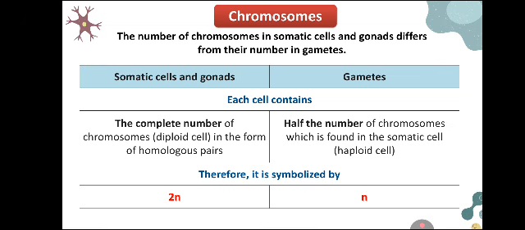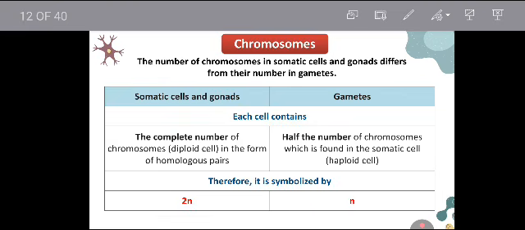As we studied in middle one, in the human each cell contains 46 chromosomes, right? But gametes have half the number of chromosomes, which is 23. I speak about the human because this number differs from one living organism to another.